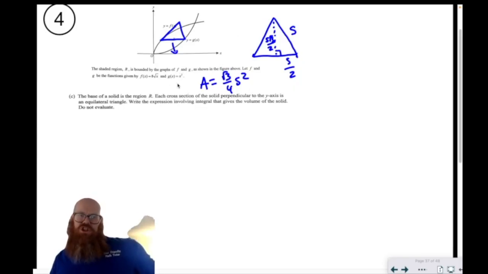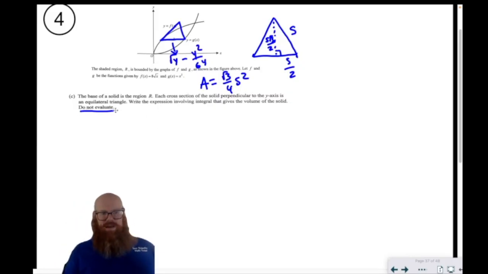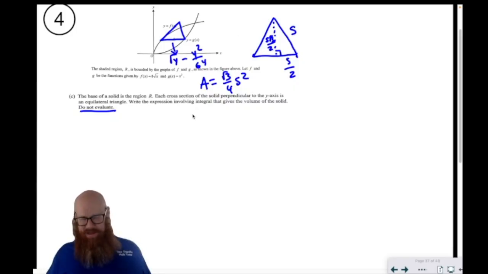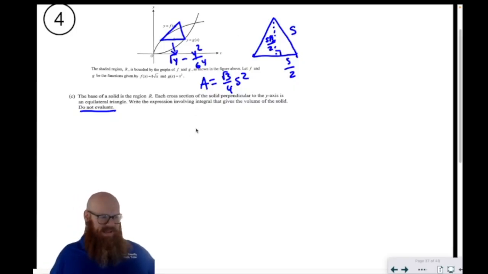It's really g of y, I guess we could say, is root y, because y equals x squared, so root y minus, then this one we did in the last problem, which was y squared over 64. This one, luckily, we do not need to evaluate, so we don't have to worry about the absurdity of that last problem. And we just need to set this up.